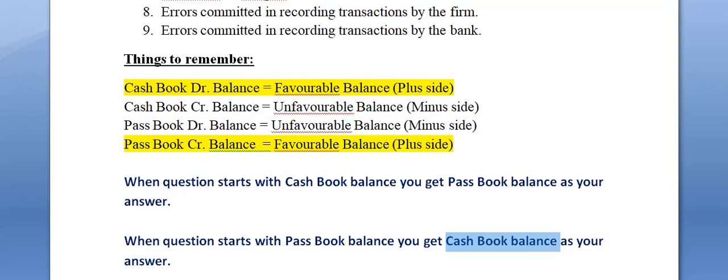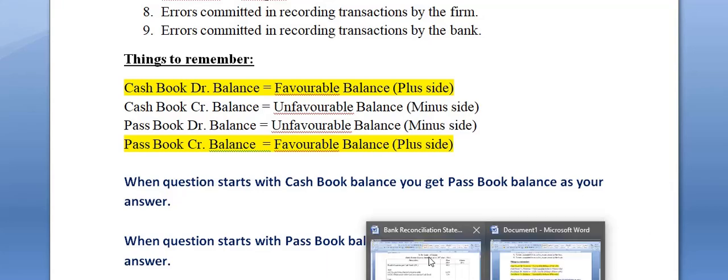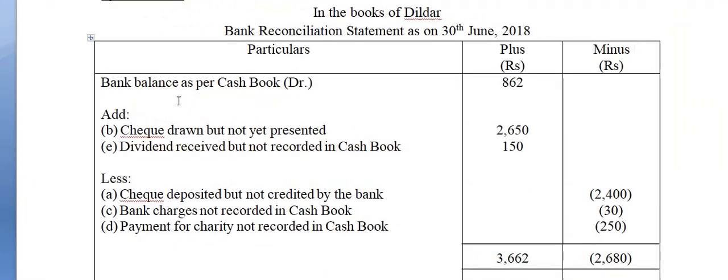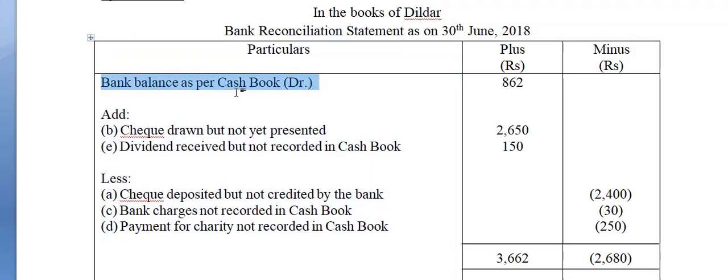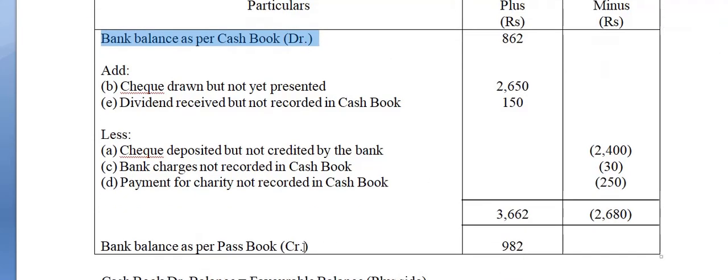Let me just show you here. You can see this is your question, and this question is starting with cash book balance. So what answer should you get? You should get the passbook balance. So if the question is starting with cash book balance, then you will get the answer as passbook balance.